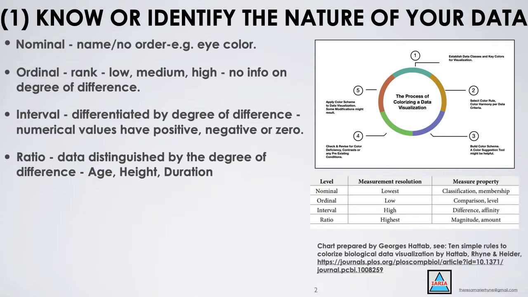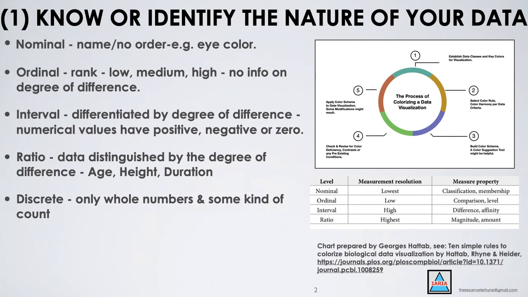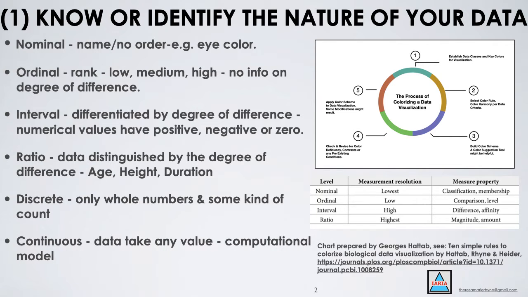There's ratio data, age, height, duration. And then there's discrete, only whole numbers, and some kind of count. There's also continuous data that we might use in a computational model. I've done a lot of computational model visualization. We have binary or dichotomous, 2 possible values, yes or no.